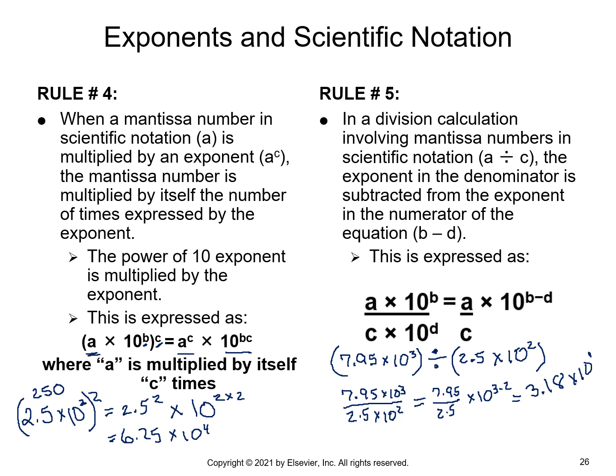If we were to multiply 250 by itself, that would give us a number of 62500. And if we decided we want to reduce that number down, move that decimal place, we would go 1, 2, 3, 4 to give us 6.25 times 10 to the 4.